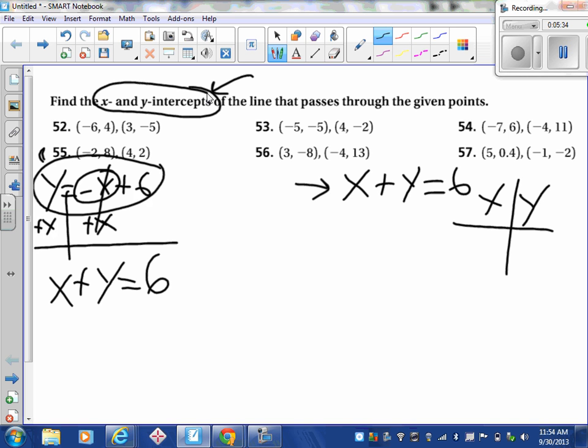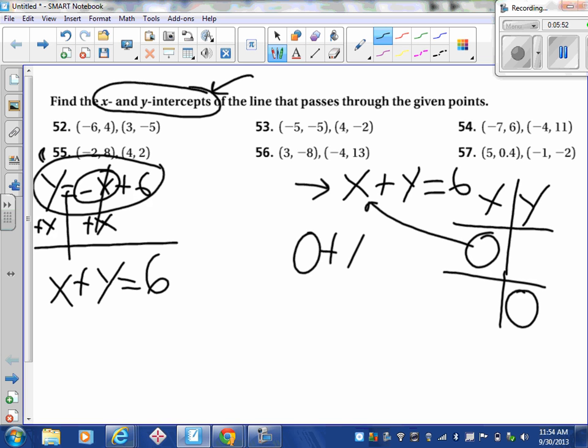And in that chart, like we did before, put a 0 underneath the x, a 0 underneath the y. And then I just substitute. x equals 0, plug 0 in for x. So I'm going to have 0 plus y equals 6.